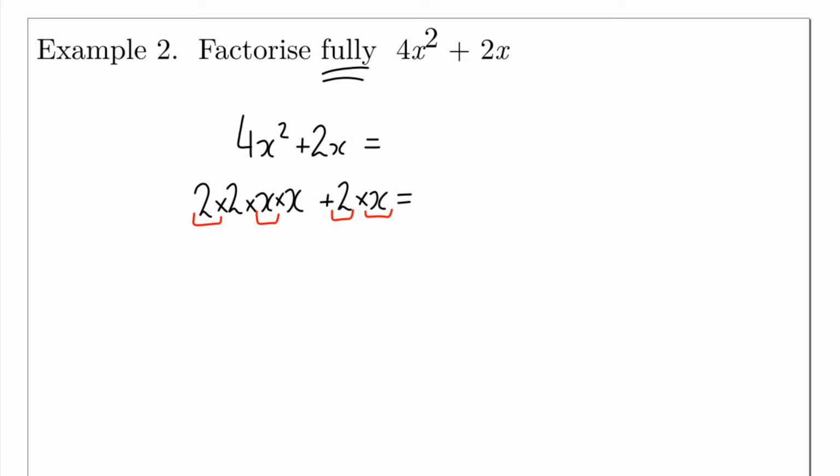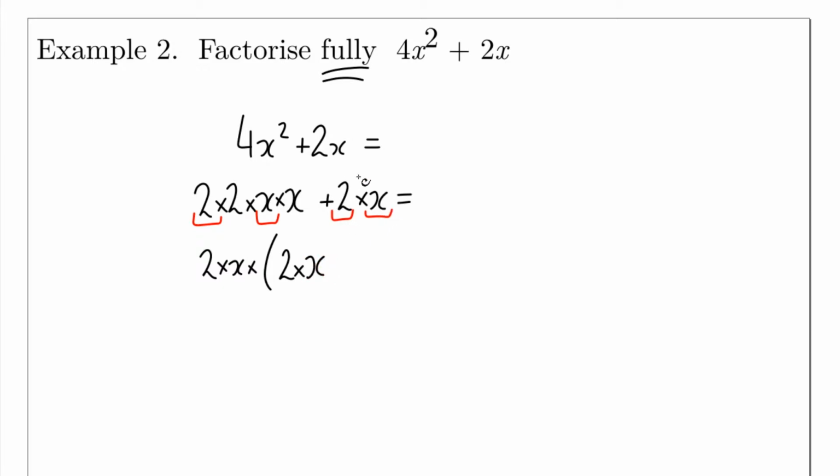So what we will do is we'll take those outside the bracket. So we will have 2 times x multiplied by, and inside the bracket, once we've taken out this 2 and this x, what we're left with in the left hand term is 2 times x.